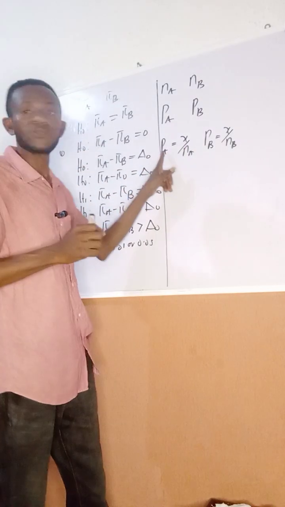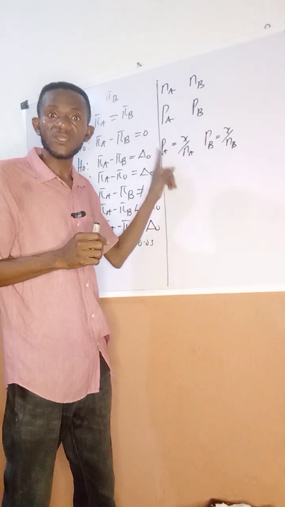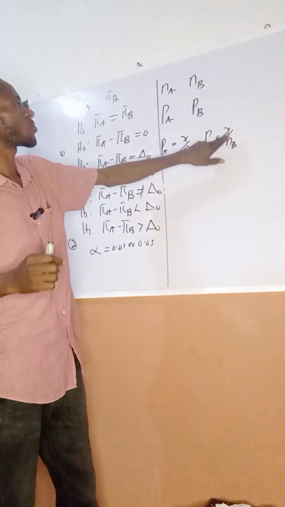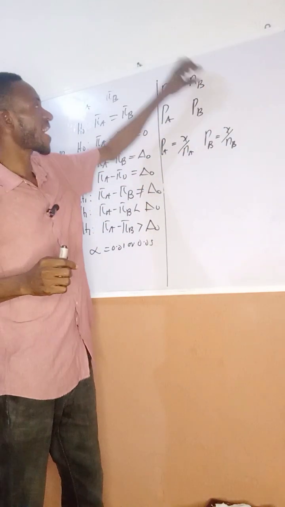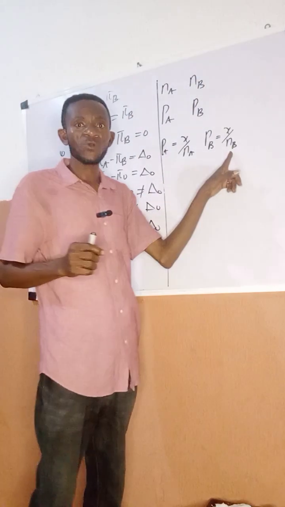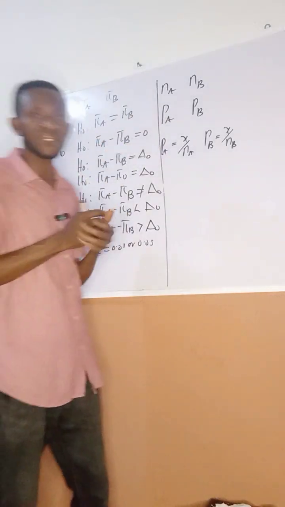And that becomes the proportion of defective items in population A or in the product of manufacturer A. Equally, you are going to come here, count the number of defective items from this sample taken from manufacturer B all over the sample size. So you have gotten what is called your PA and then your PB.